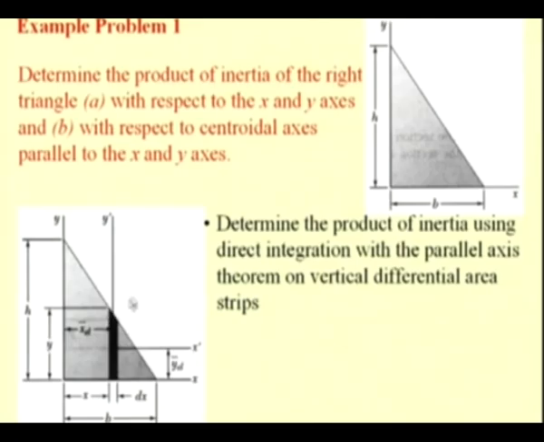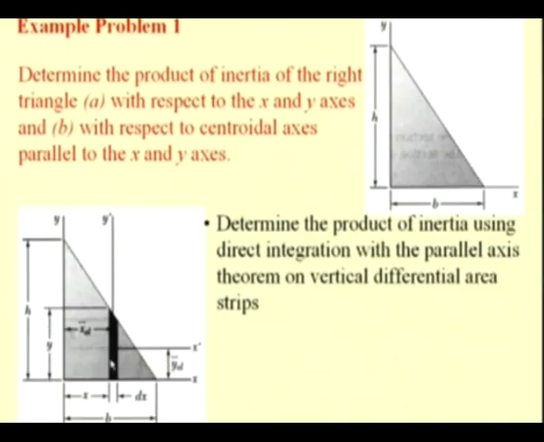Here we are considering a thin vertical strip whose centroid is located at this distance y bar element and x bar element, which is nothing but the x coordinate of the location of this element, and this distance can be found by knowing the height of this thin strip, that is y, and so y bar element is y by 2.